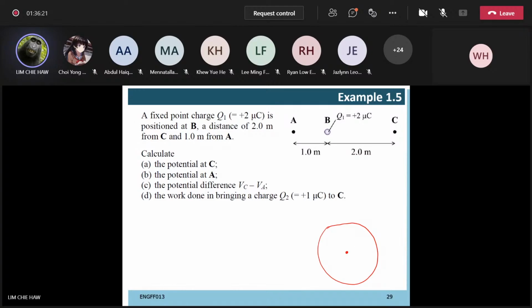The center of the Earth is point B, this is location A, and this is location C. Location A is a mountain, and location C is, let's say, a flat valley.